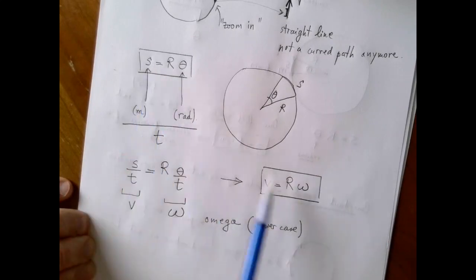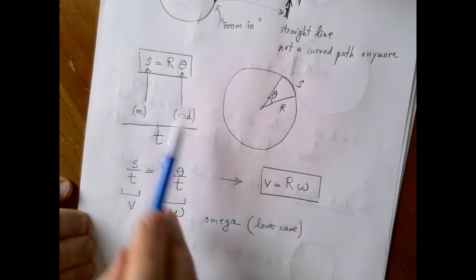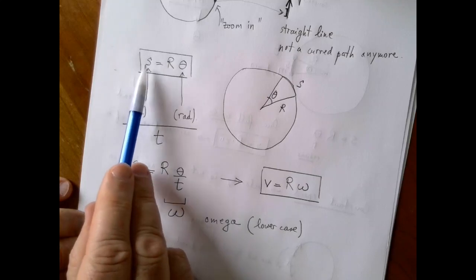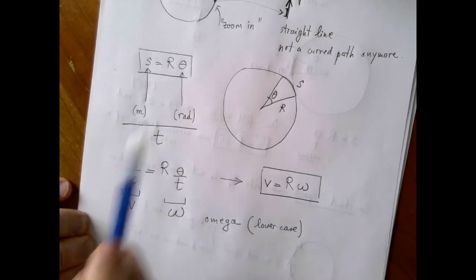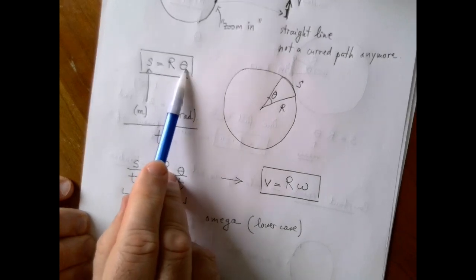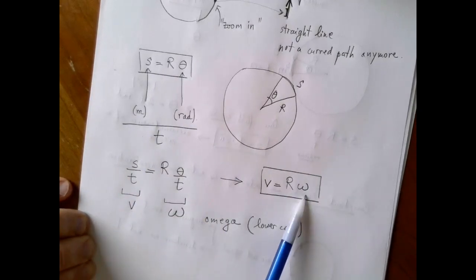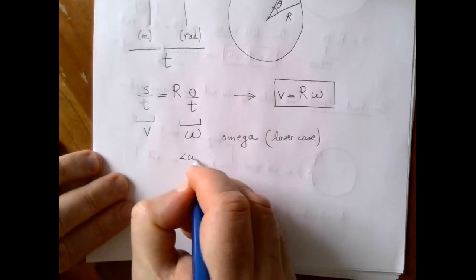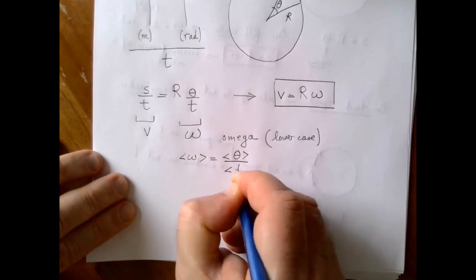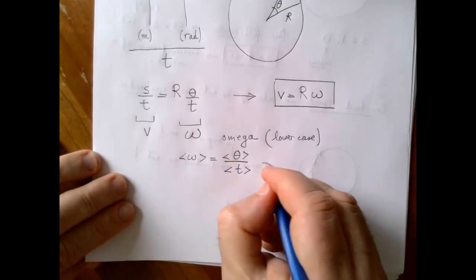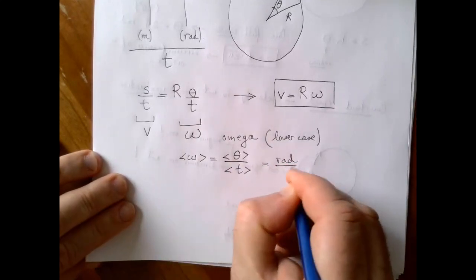And also, what they have in common, they relate physical quantities expressed in meters and meters per second respectively, with the physical quantities expressed in radians and radians per second respectively. Because the unit of the angular speed is the unit of the angle divided by the unit of time, which would be radian divided by second.